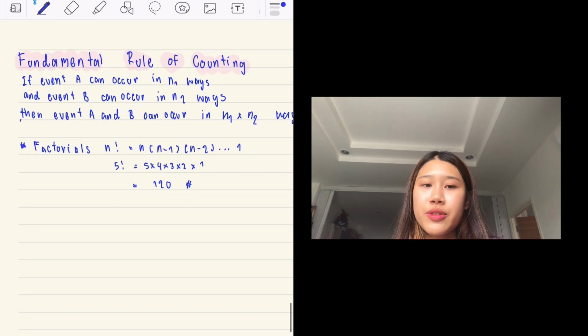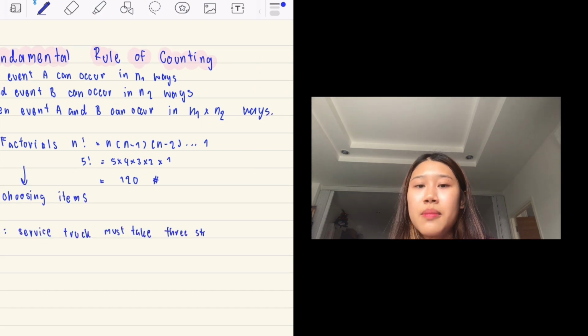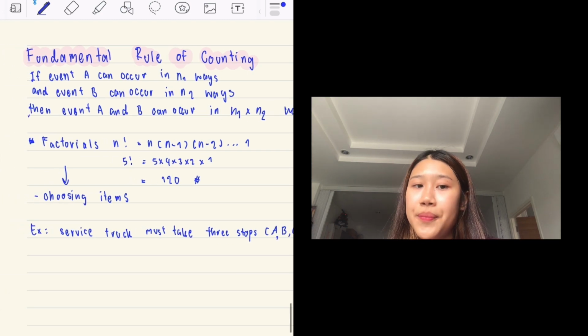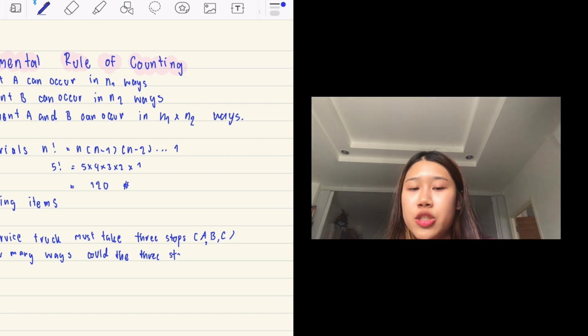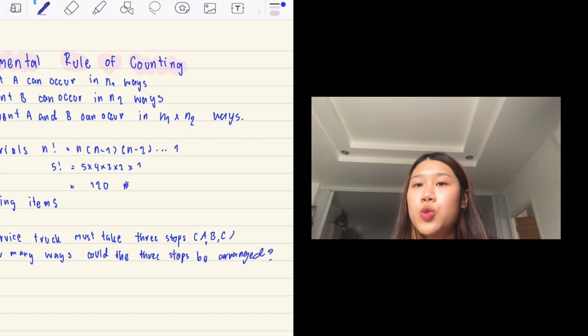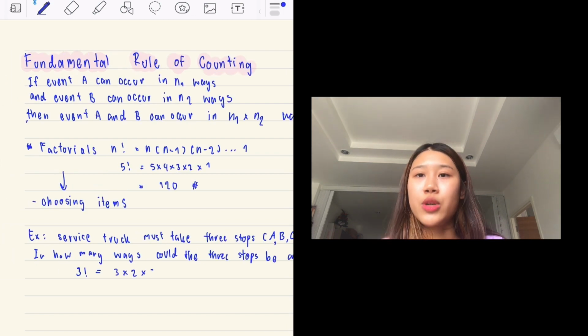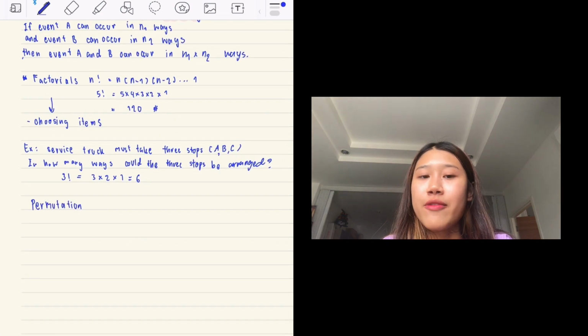We will use factorials when choosing items. For example, a service task must take 3 stops, A, B, C. In how many ways can the 3 stops be arranged? It will be 3 factorial, which is equal to 6. Then you will need to know the concept of permutations.